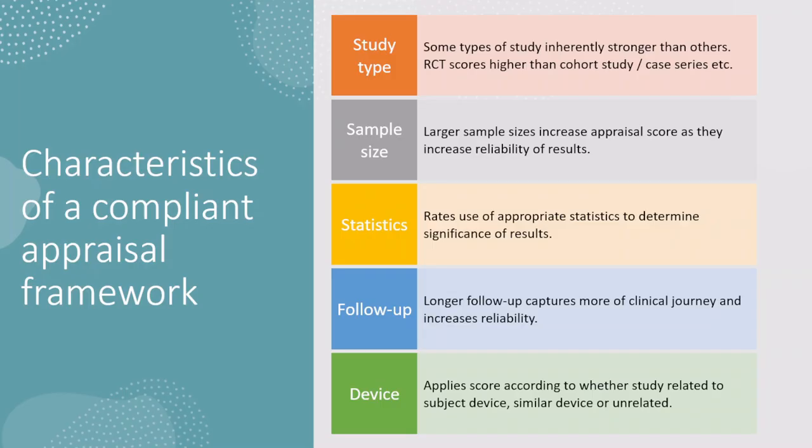Sample size is another important consideration. Larger sample sizes should increase the appraisal score, as a bigger sample size increases reliability of results. Statistics, so this is both the use of statistics and perhaps whether the study showed a statistically significant result. Studies that include properly designed statistics should generally receive a greater weighting than those that don't.